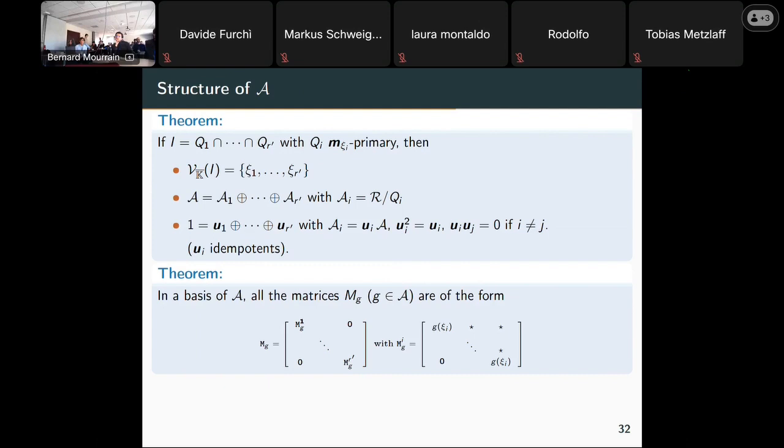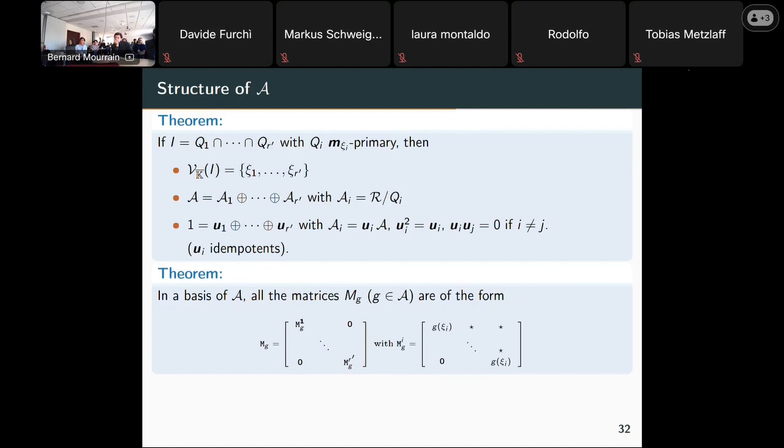We have a decomposition of 1 in these subalgebras, U1, UR prime, and these are like the interpolation polynomials, but when you have multiplicities, they correspond to idempotents, which satisfy the property that Ui square is equal to Ui, and they are orthogonal in the sense that the product Ui Uj is 0 in this quotient when i is different from j.